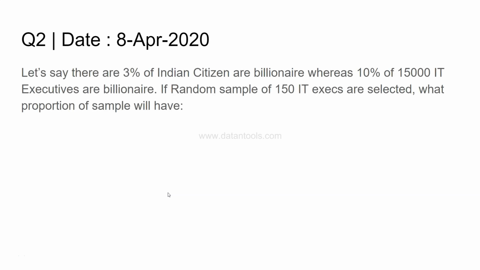Let's say 3% of Indian citizens are billionaires, whereas 10% of 15,000 IT executives are billionaires. So first of all, we are looking at the entire population and saying 3%, and then out of that population there are 15,000 IT execs like CEOs or CFOs, and out of those 15,000 IT execs, only 10% are billionaires. Then a random sample of 150 IT execs is selected.